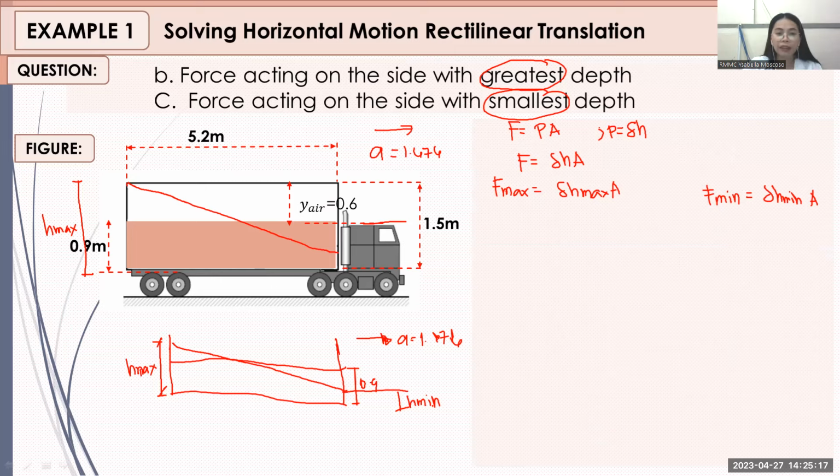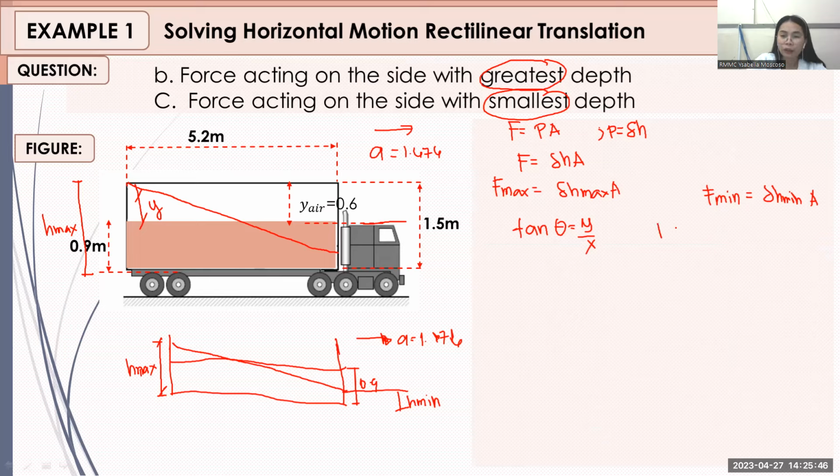So, ibig sabihin, kinakailangan natin makuha yung value ng y, no? Yung value ng pagtaas ng tubig ninyo with respect to your acceleration. Okay? So, paano natin makukuha yan, no? Alam natin that tangent of theta is equals to y over x using your center line. Tama ba?